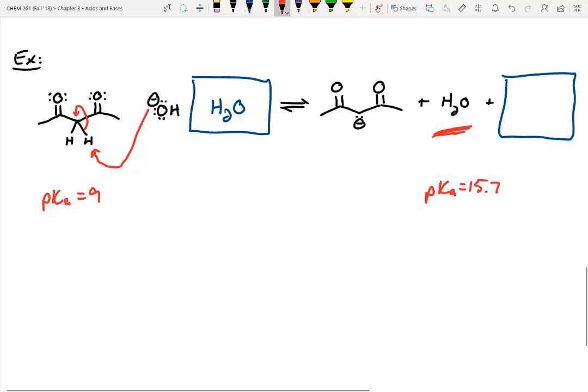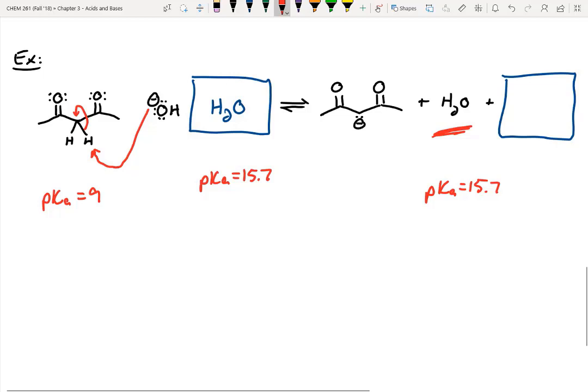Well, let's think about it, right? pKa of this is 15.7. Is our solvent more acidic than our starting acid? No, it doesn't matter. Our base is still going to go after the most acidic proton, which is right in the middle there, like we're showing with our arrows.